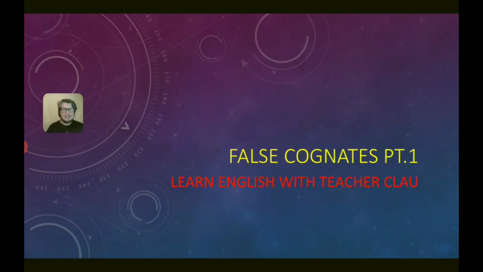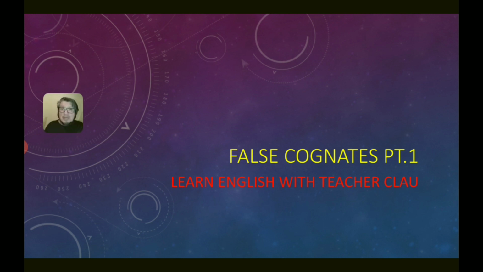Hello, welcome to our class number 52, and as you can see here right beside me, today we're going to see something that is very important, something that is very tricky sometimes in English, which are the false cognates. What are the false cognates? False cognates are words that look like words in Spanish, that maybe they are written the same way in English and in Spanish, but they are pronounced differently and they mean something absolutely different.